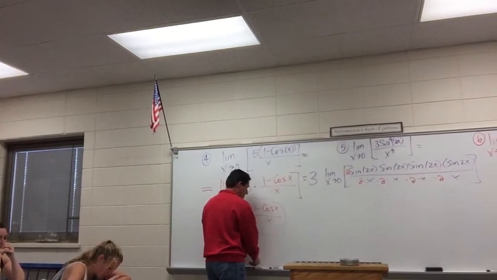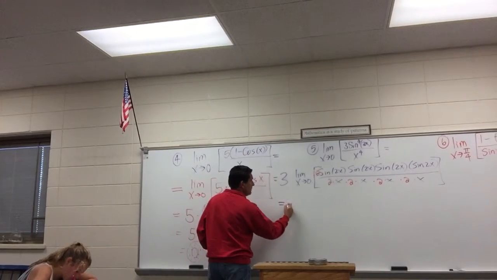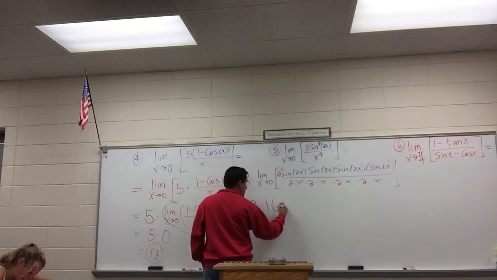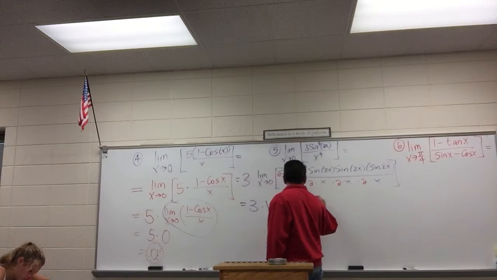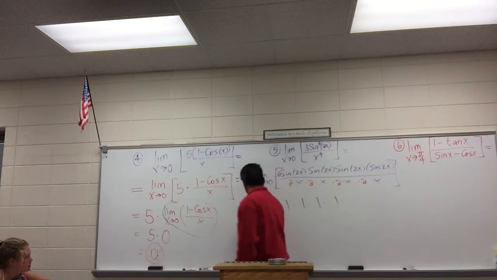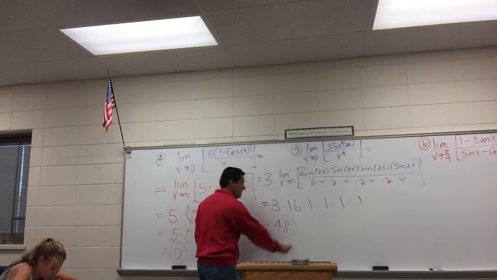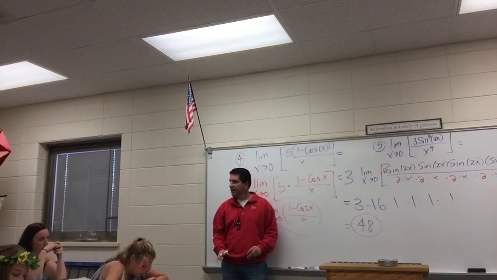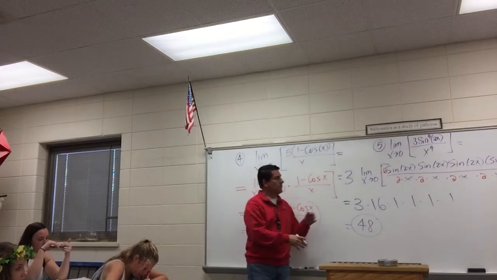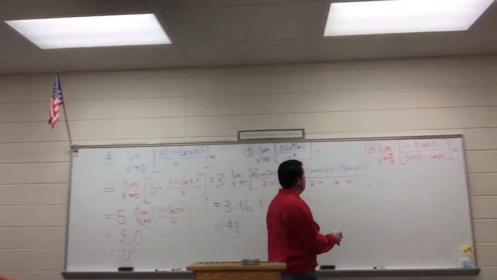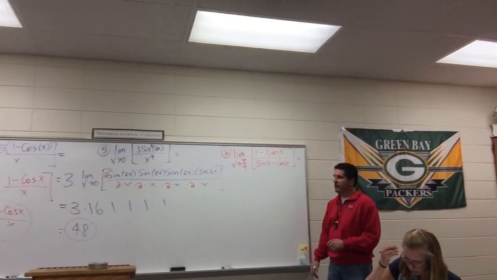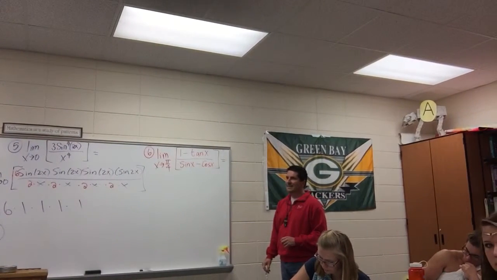And so the final answer is 3 times the 16 and then times all these ones. So it's 48. Agree? Okay. So every problem is different. You just got to go about it and separate it and see what you can get out of it. That's the deal.